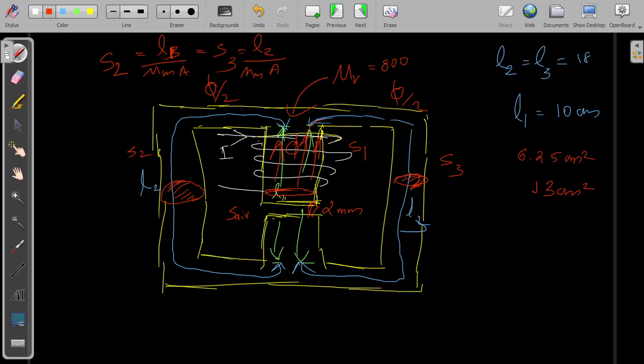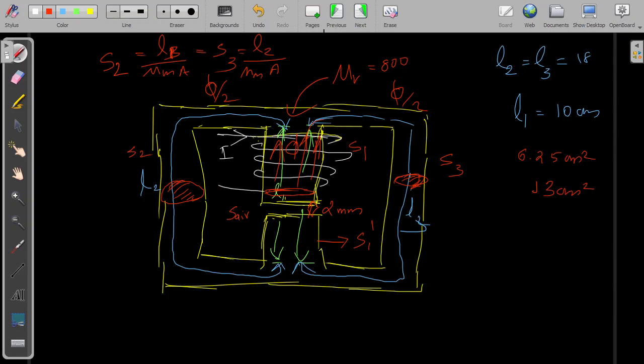Or you can take that reluctance also, let me take it as S1 dash. But the circuit becomes very complicated. Okay, you can take it, so we will consider all the reluctances.